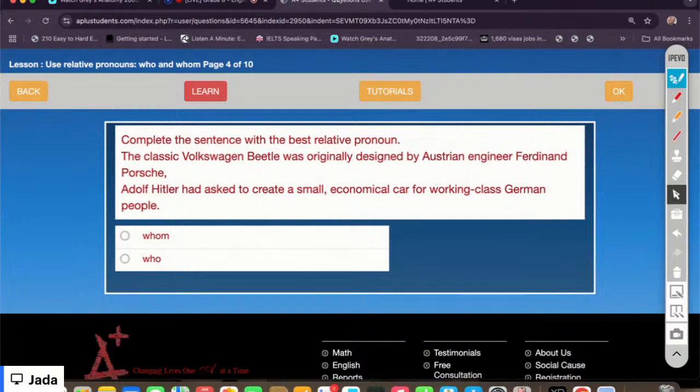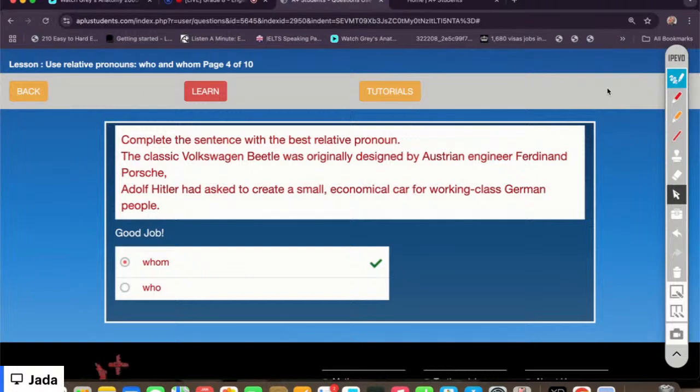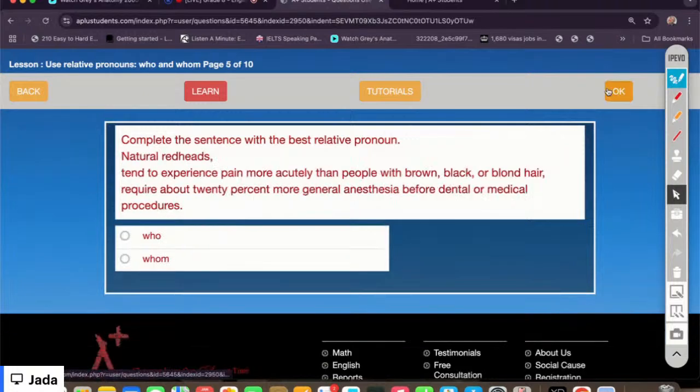So, what do you think? Whom or who? So, you can say whom because you can say the classic Volkswagen Beetle was created by him. Okay?